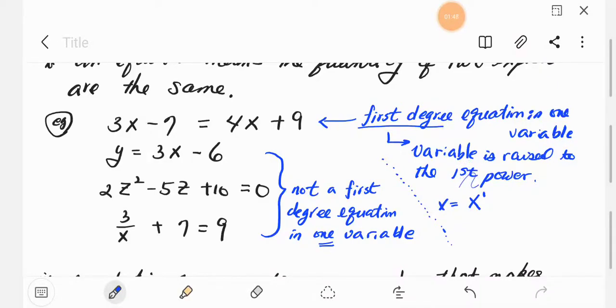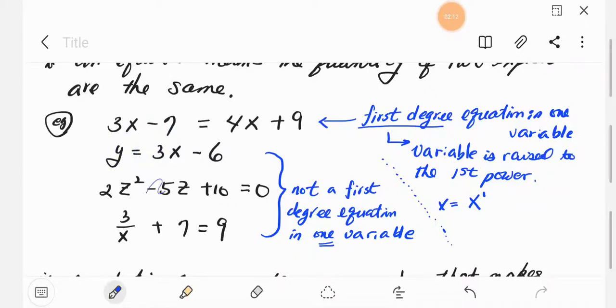Can you see it? The variable x is raised to the first power, so we call it a first degree equation. And there is only one type of variable, x, so it is a first degree equation in one variable.